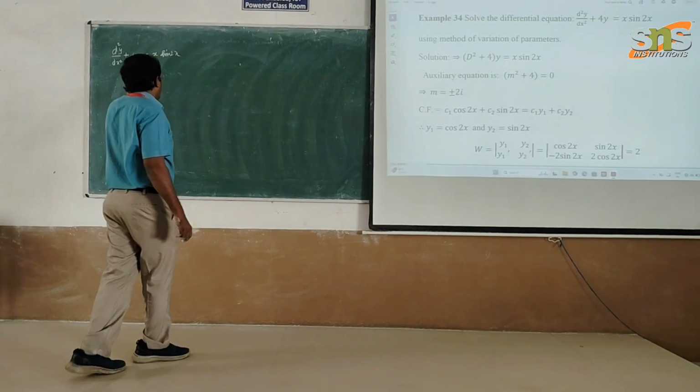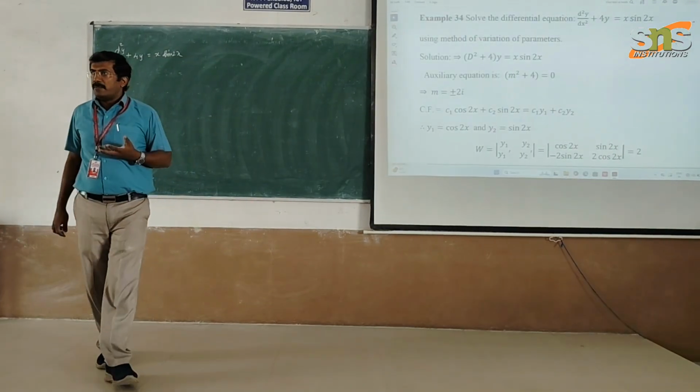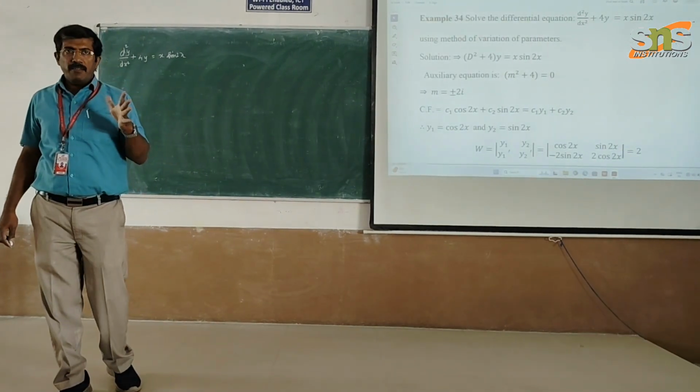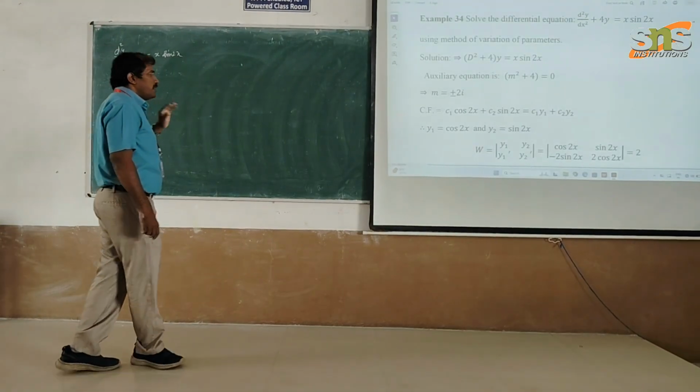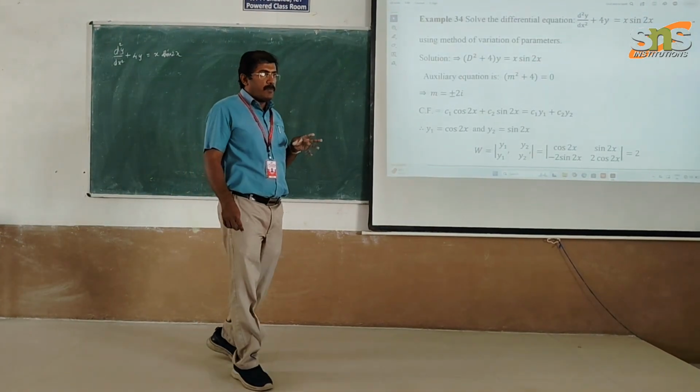The same kind of question we have already seen in second order differential equations as type 5. Here we can solve the same question using the method of variation of parameters.